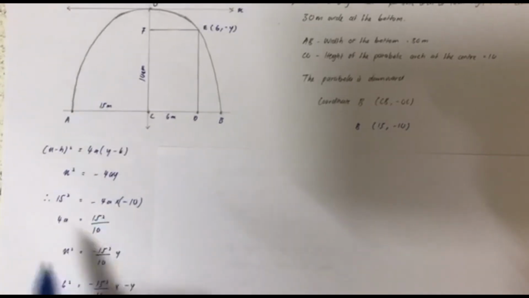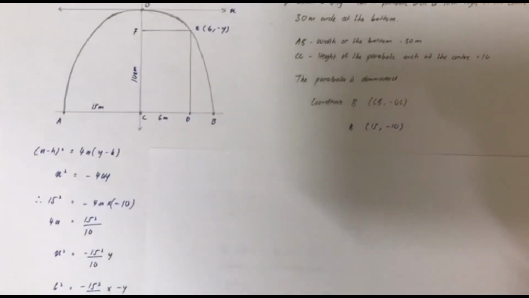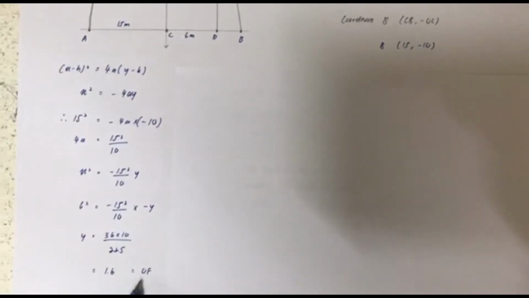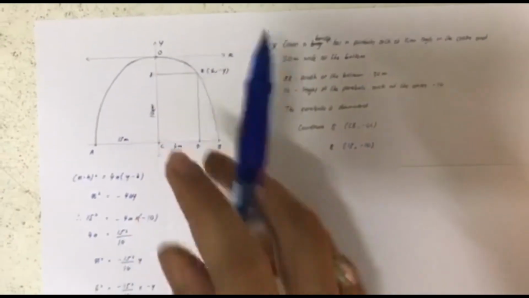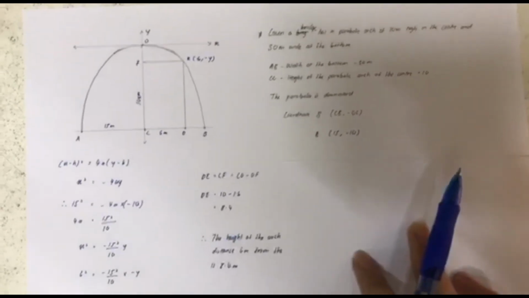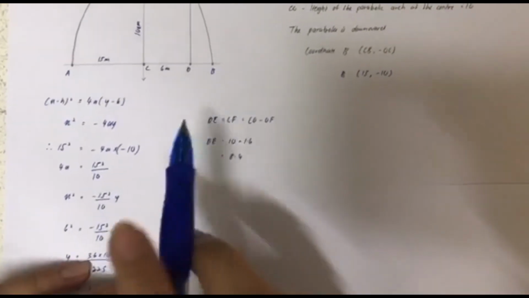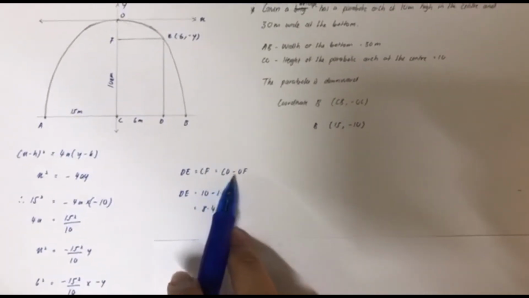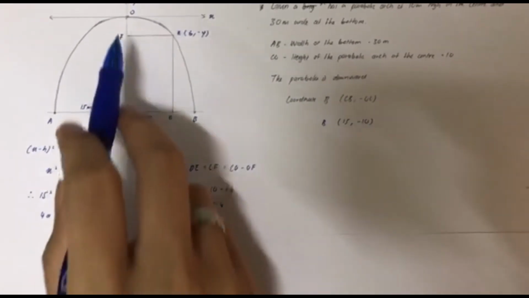We just calculate, and we get y equal to 1.6, which is equal to OF. So DE equal to CF equal to CO minus OF.